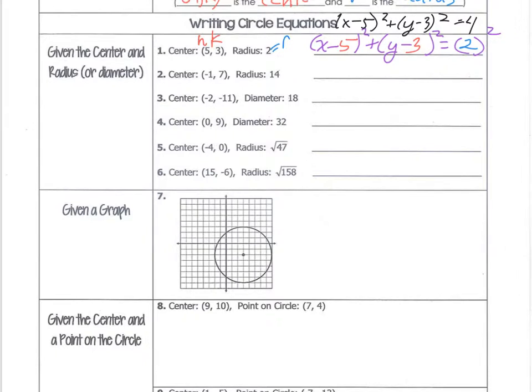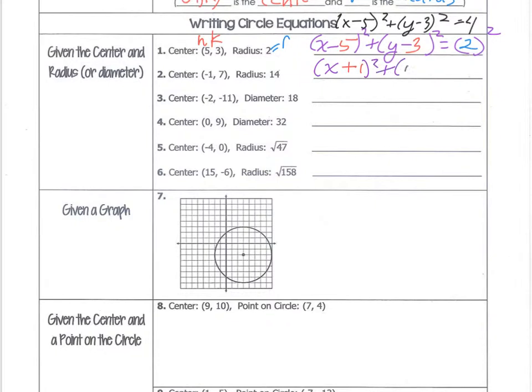So what happens when you have a negative value? We still have x, but if my x value is negative 1, what do I put here? Change its sign. So negative 1 becomes a positive 1. Well, again, I'm having issues today. So that becomes a positive 1, and then we're going to square it.